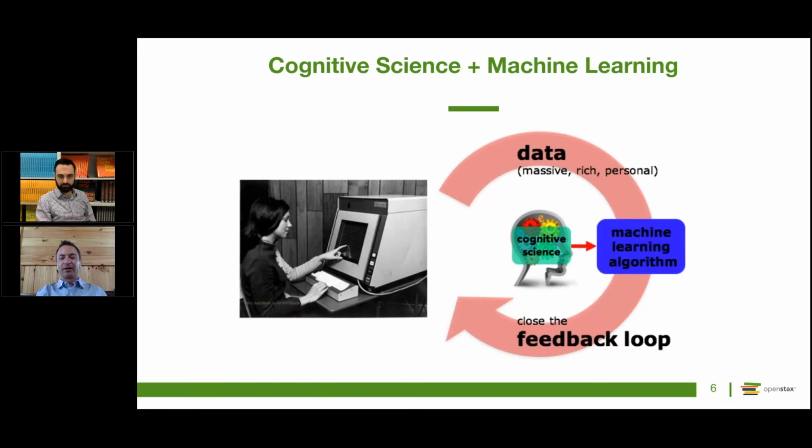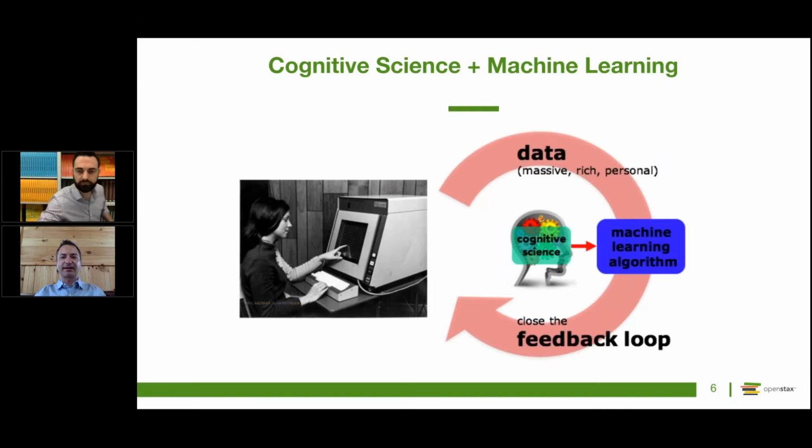For example, predicting the best next learning activity for a given student who is at a given point in the class and has a certain context and learning goals. So this is the basic idea of how we combine cognitive science and machine learning in OpenStax Tutor.